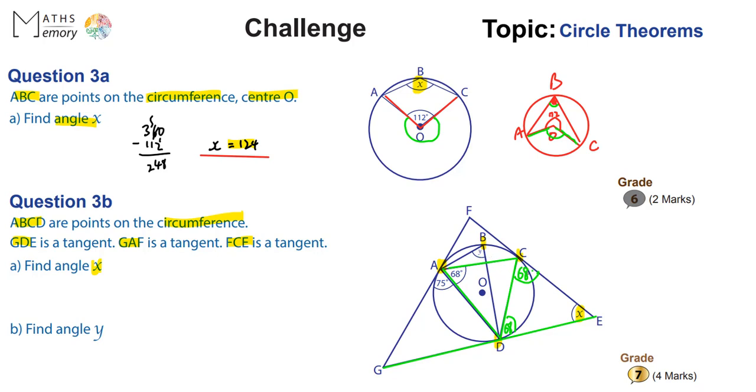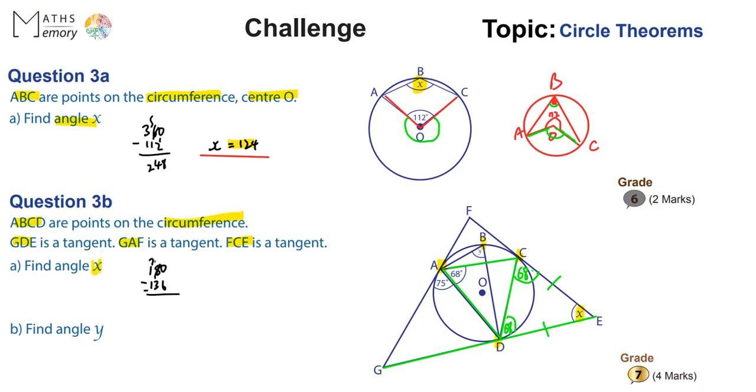This 68 is the one over here. This forms an isosceles triangle because these are the two base angles of triangle DCE. Hence X must be 68 plus 68. If we double that, we get 136, and 180 take away 136 will give you the final answer.